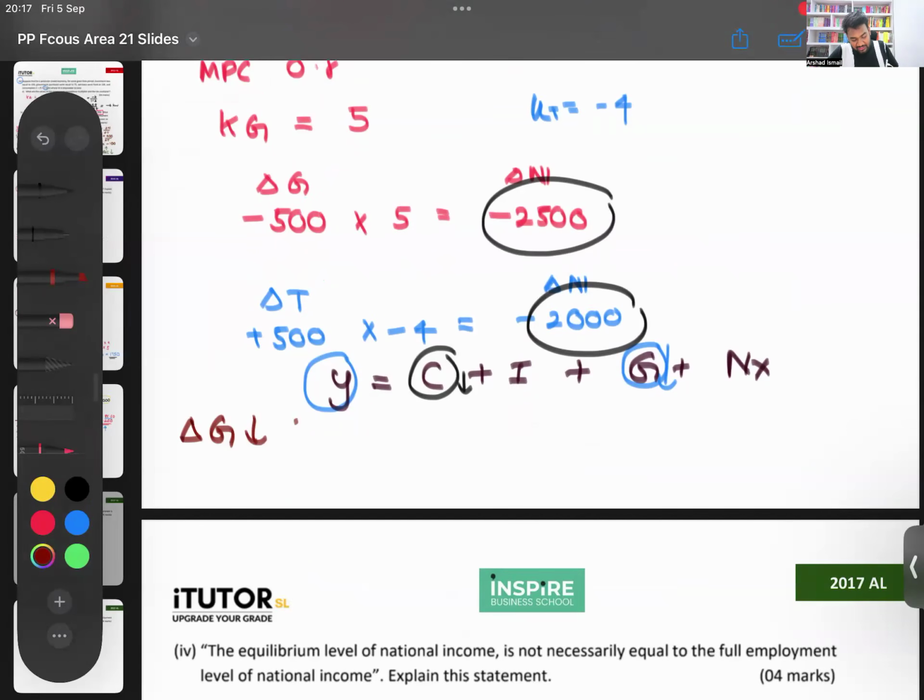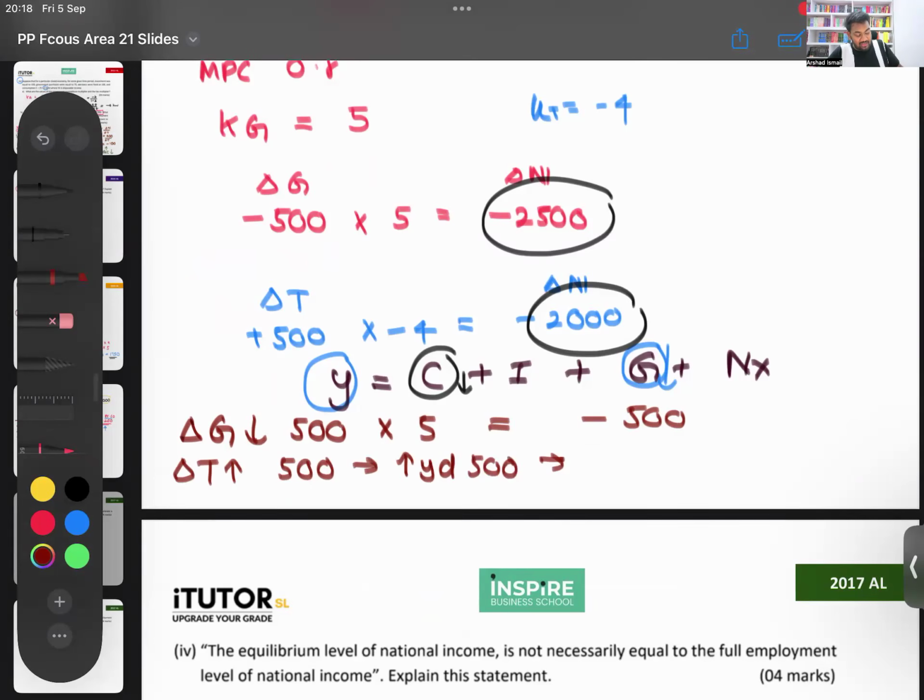If I reduce government spending by 500, it will get multiplied by 5 directly, and national income will fall by 2,500. But if I increase taxes by 500, disposable income decreases by 500. With an MPC of 0.8, consumption will change only by 400.